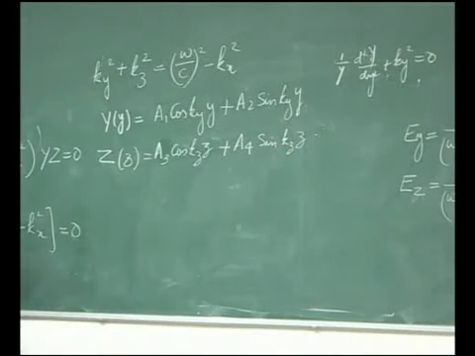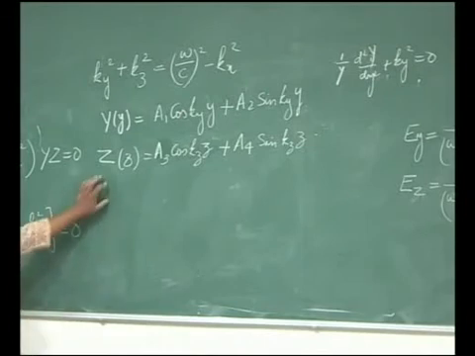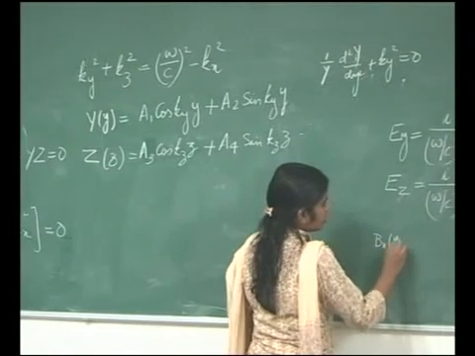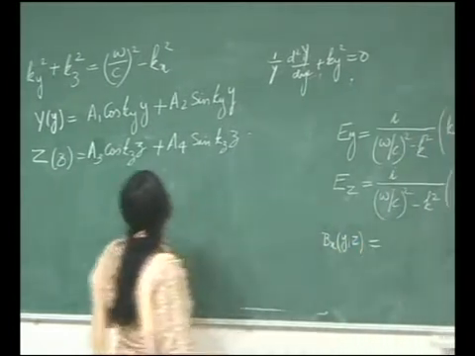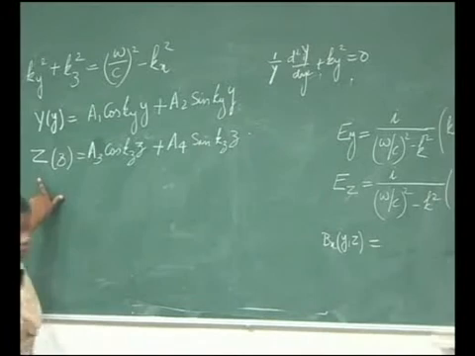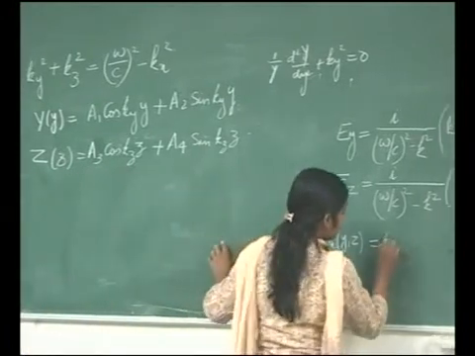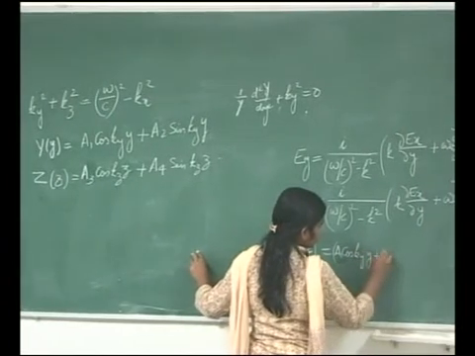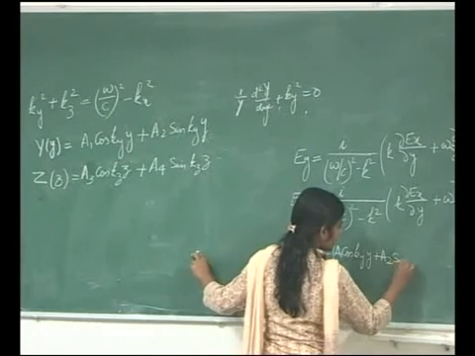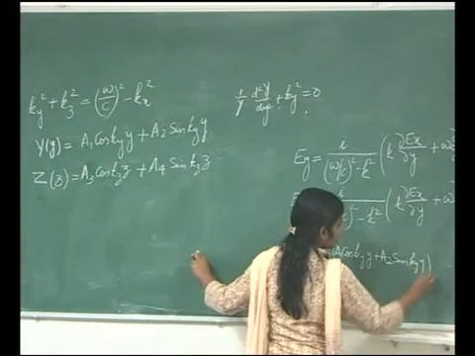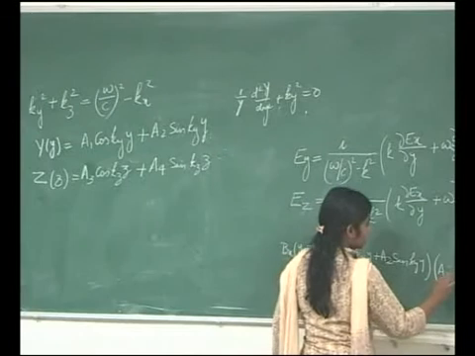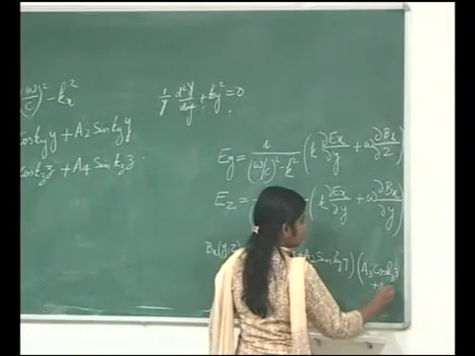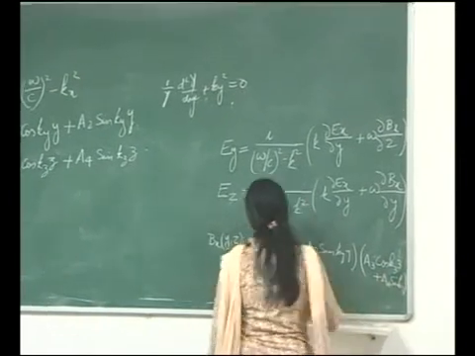So my magnetic field is, I will write it down here, Bx(y,z). I wrote down that it is Y into Z. So I can write that this is equal to A1 cos ky y plus A2 sin ky y into A3 cos kz z plus A4 sin kz z.